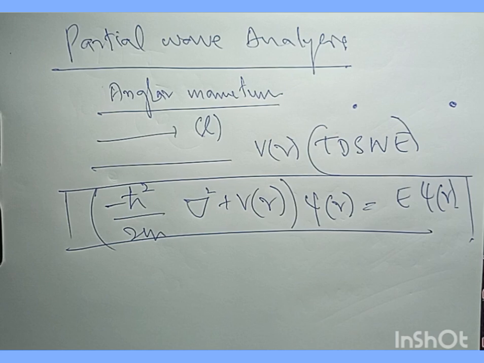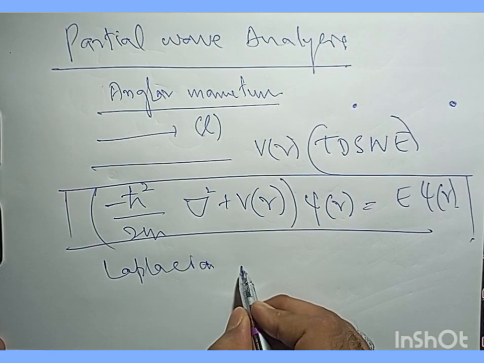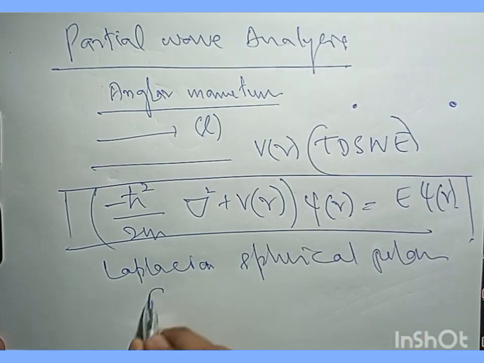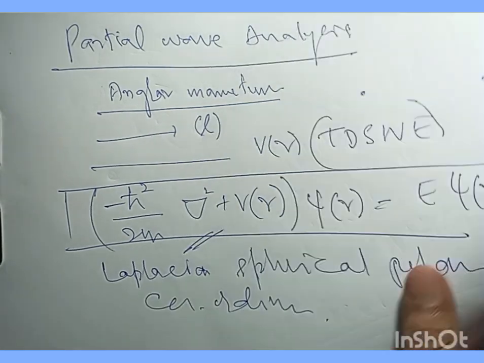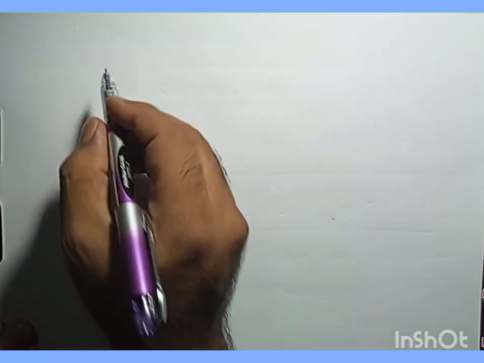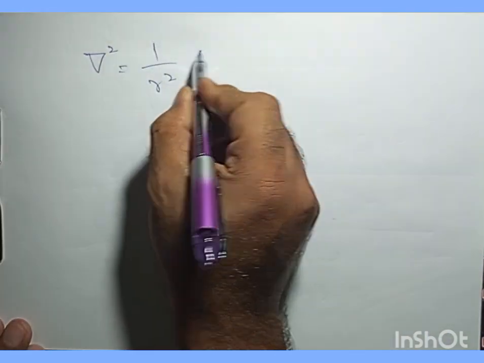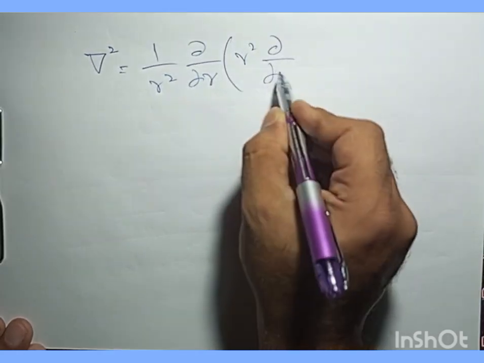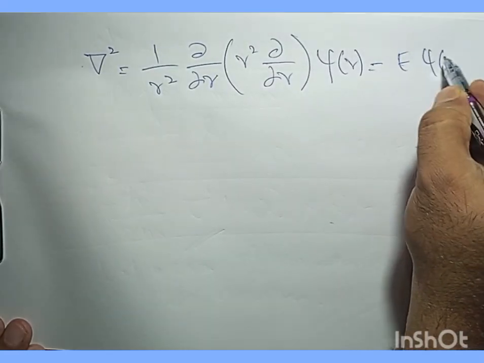So we can write down this Laplacian in spherical polar coordinates: del squared is 1 by r squared, dou by dou r of r squared dou by dou r, acting on psi of r, equals E psi of r.